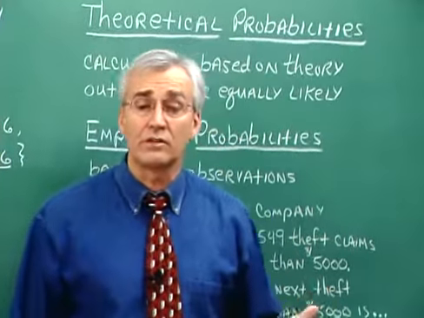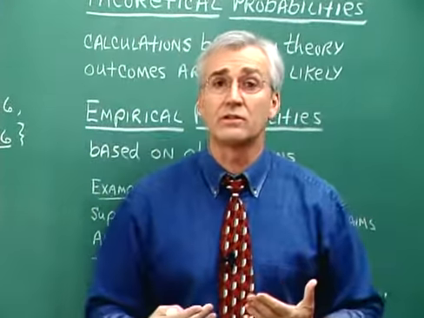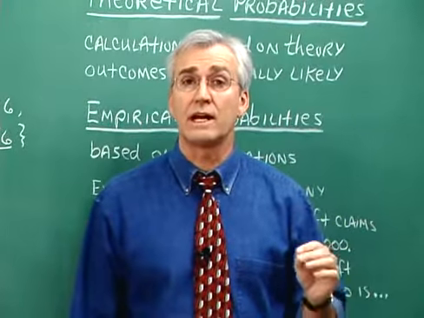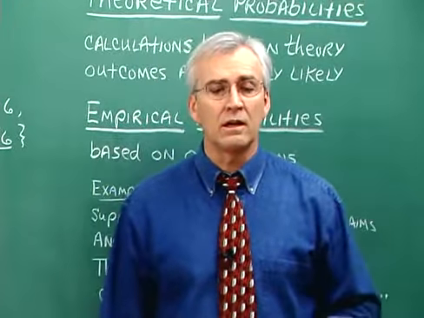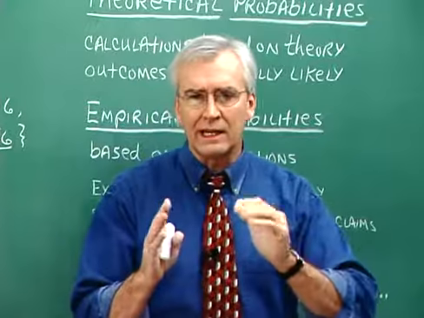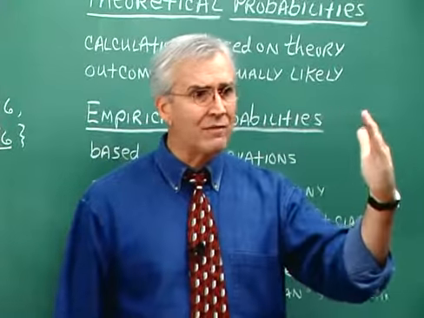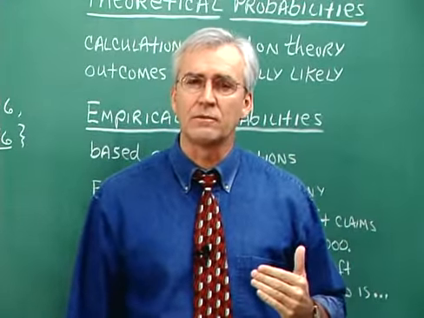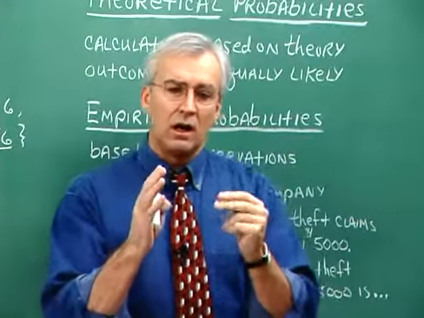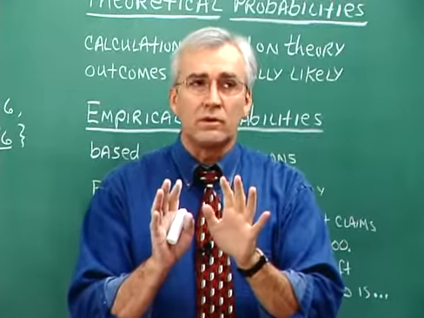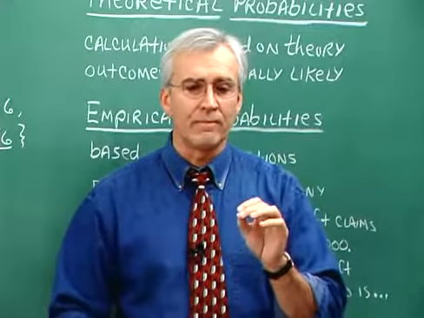If a meteorologist comes on television and says there is a 75% chance of rain tomorrow, then that probability is, now how in the world is that favorable outcomes over possible outcomes? Well, it turns out that here's what the meteorologist is doing.